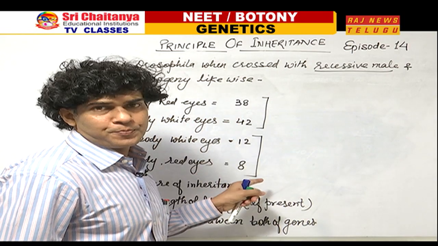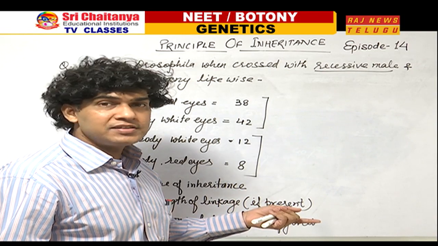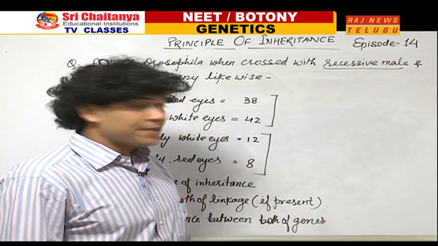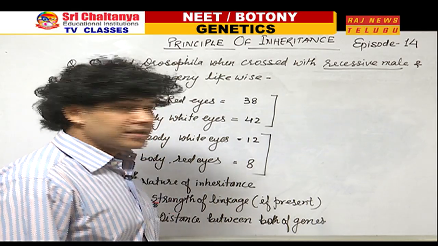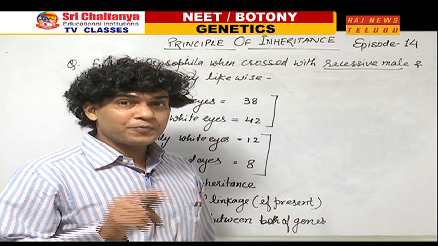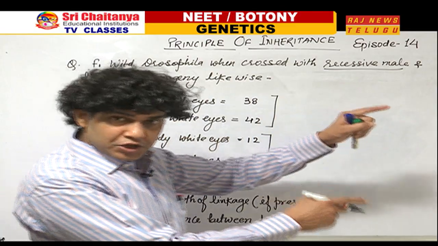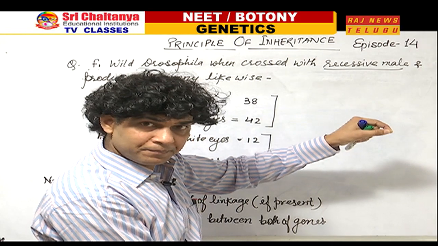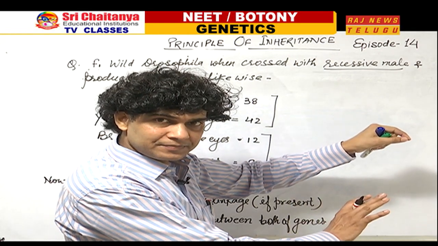If 4 types of progeny are arising, then you can easily assume that it is the case of incomplete linkage, because in case of complete linkage, recombinants do not arise. If ratio of the test cross is not 1:1:1:1, it means it is not the case of Mendelian genetics.